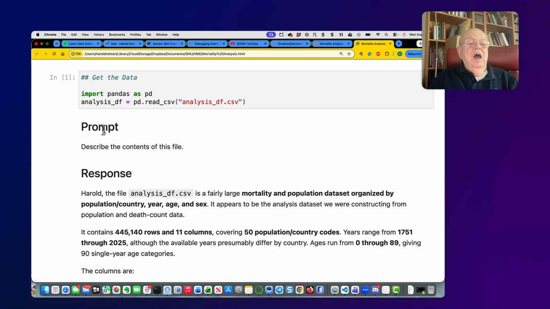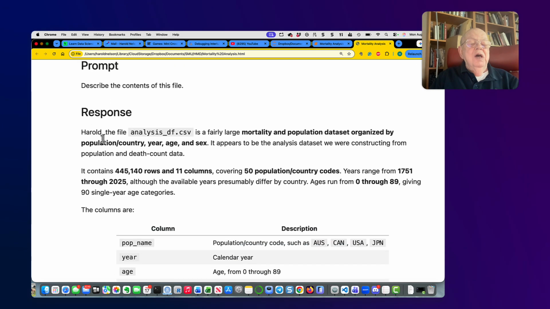I also gave this same file to the AI, which in this case was ChatGPT, and I said, describe the contents of this file. So this is the request that I made of the AI relative to this file. And here's the response, which I got.